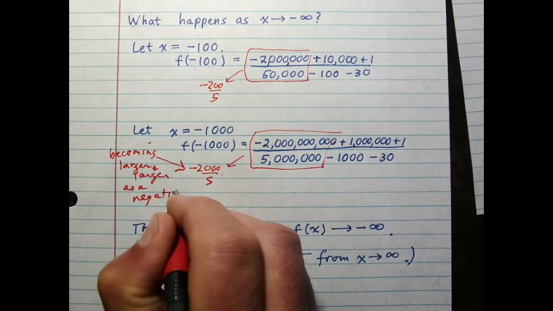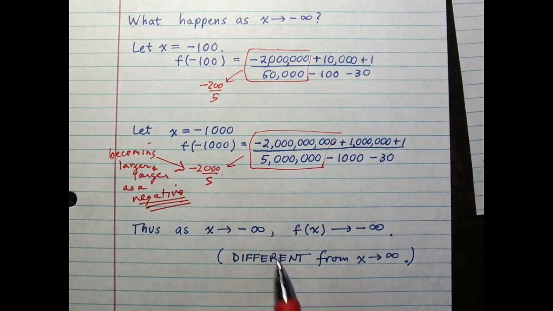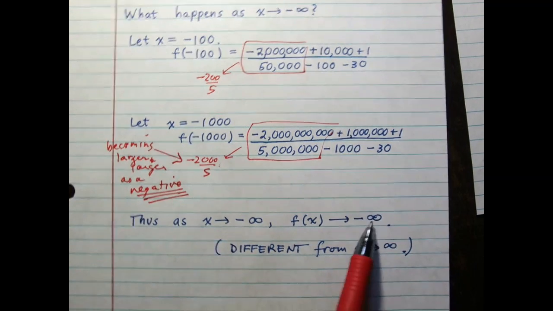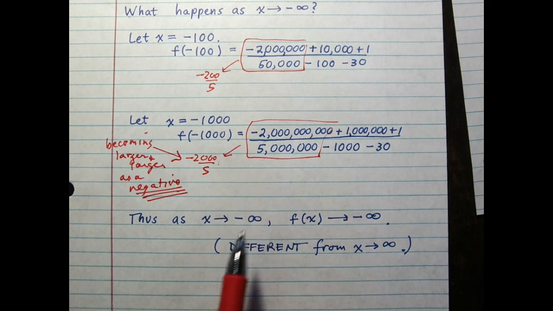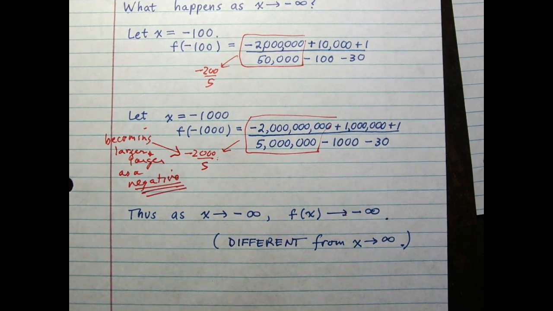So in this situation, we actually have something very different happening as x approaches minus infinity from what was happening when x approaches infinity. In one direction, we're blowing up. In the other direction, we're plunging down to negative infinity.